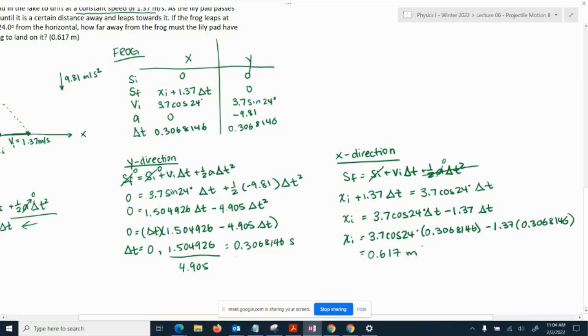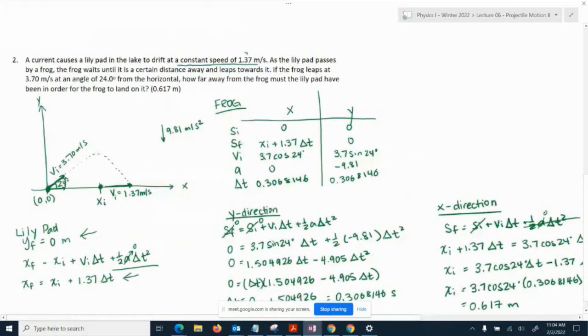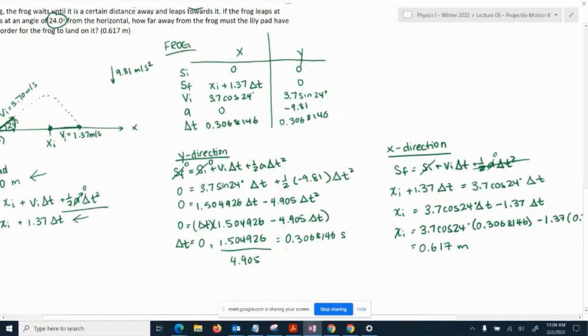I'm going to round to 0.617 meters. Now, if we look at our question, how many digits do we have? We have 3 significant figures, 3 significant figures, 3 significant figures. So our answer has 3 significant figures. On a test, it will tell you how many decimal places to enter.